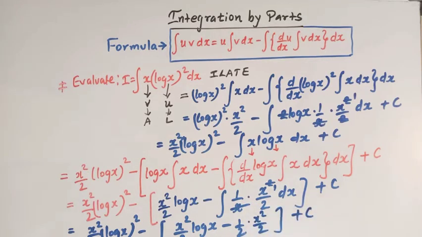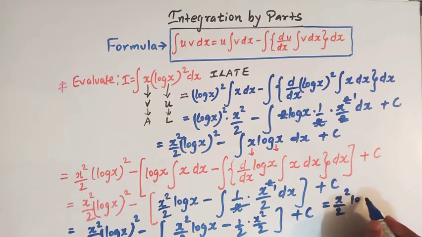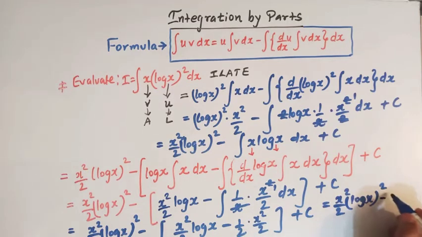And here we have plus c. So therefore our final answer is x square by 2 log x whole square, then taking this negative sign to this term and this term, we have minus x square by 2 log x, and plus x square by 4 plus c, right?